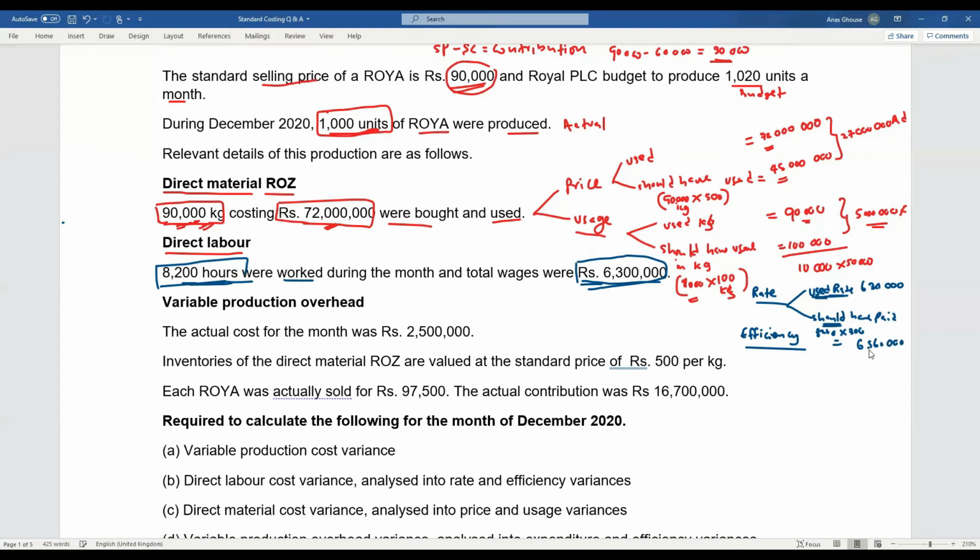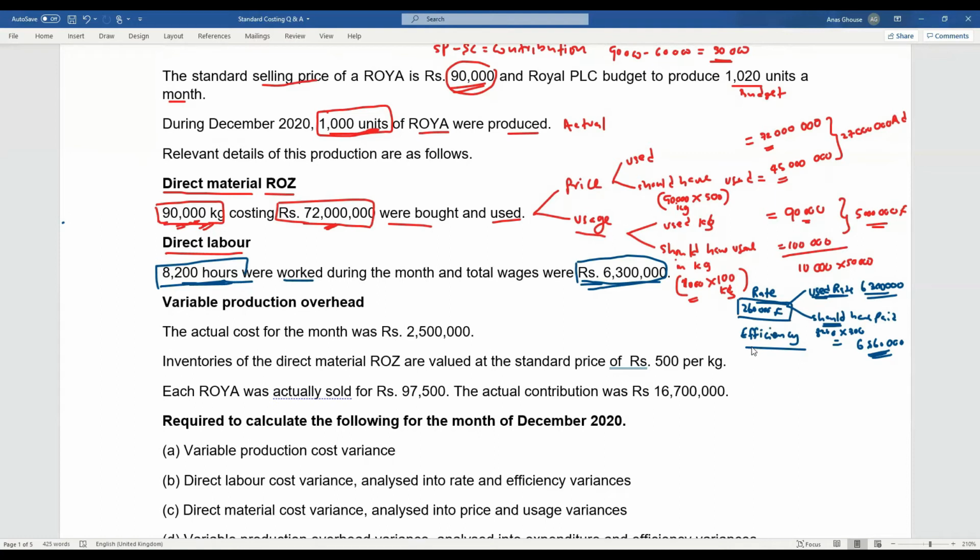So we should have paid 6,560,000 for these 8,200 hours, whereas we paid 6,300,000. Therefore, rate variance is a favorable variance of 260,000.